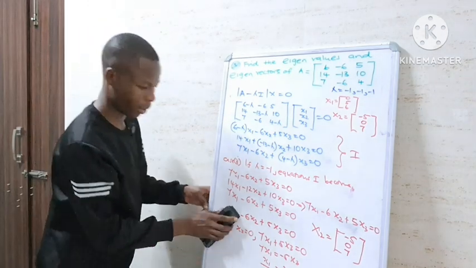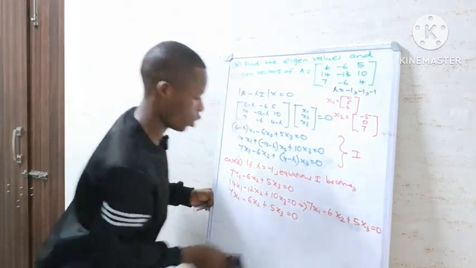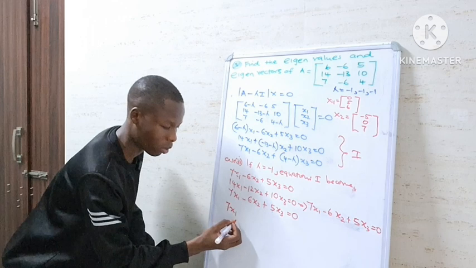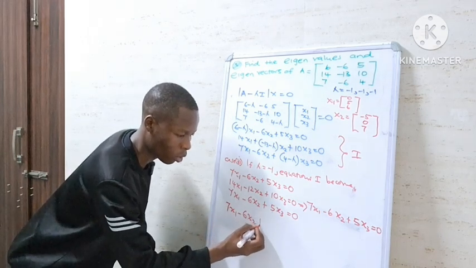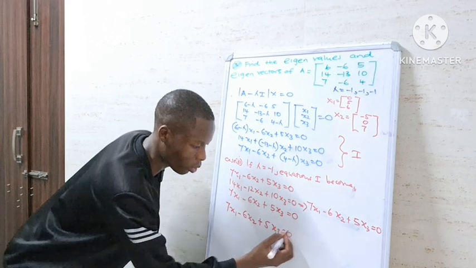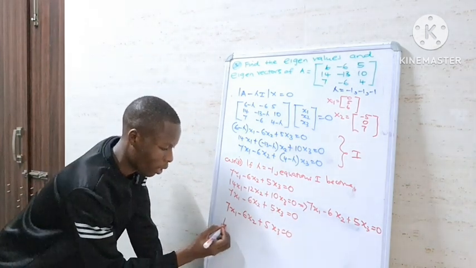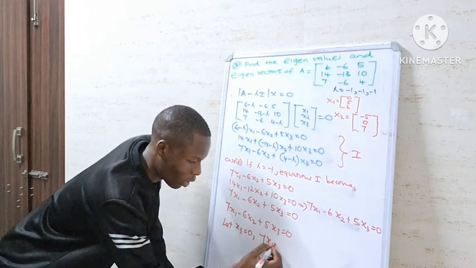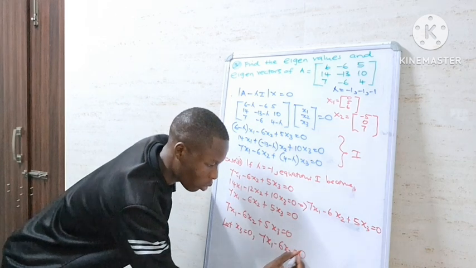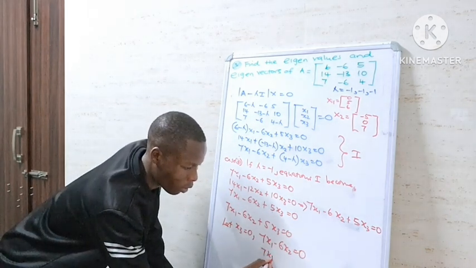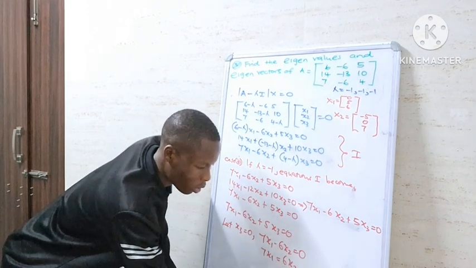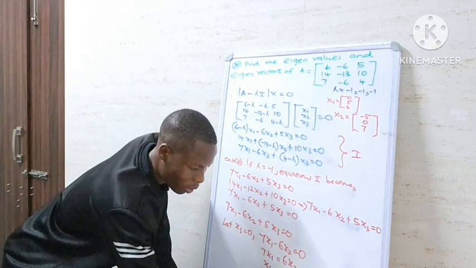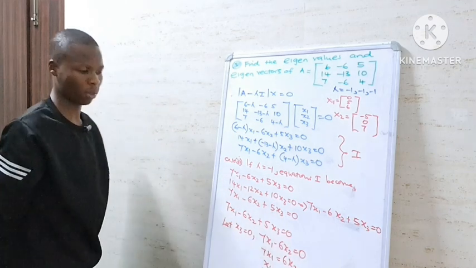Let's find the third eigenvector. Case number 3. I'm not going to change again. I'm going to take one of the three equations, 7x1 subtract 6x2 plus 5x3 is equal to 0. Now let x3 be equal to 0. It becomes 7x1 subtract 6x2 is equal to 0. This is 7x1 is equal to 6x2, so x1 by 6 is equal to x2 by 7.